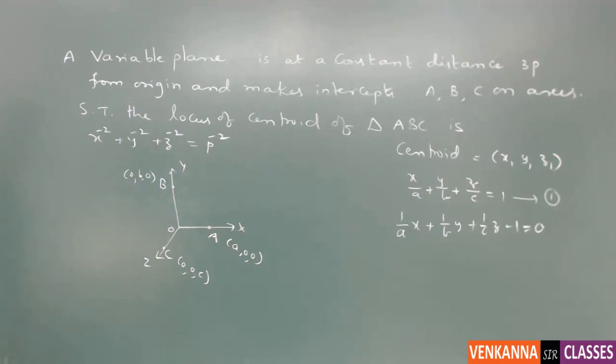Here, variable plane means that it is moving in space, and while moving it is intersecting the axes. Hence we are getting the intercepts, so that you will get a triangle. Clear?